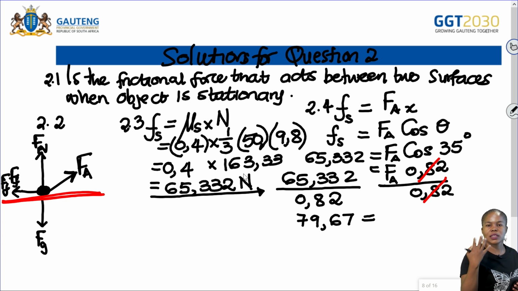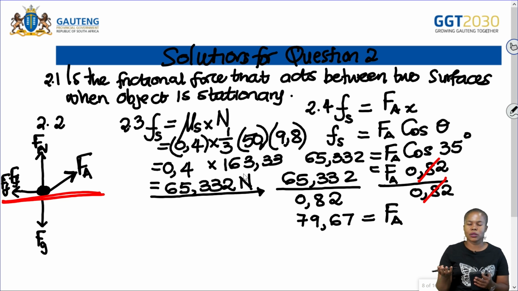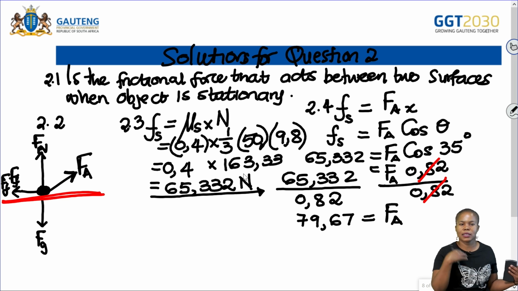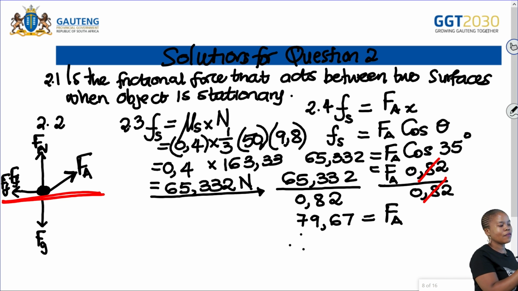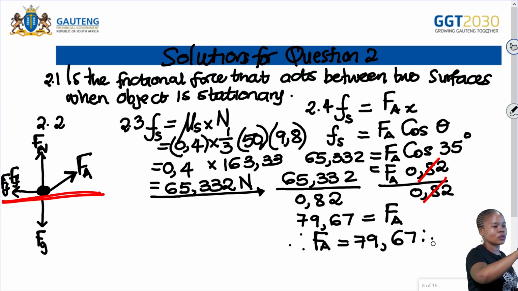Over here we're left with the force that we want, the minimum force that needs to be applied. Remember what I told you: you leave the letters on your left hand side and your values on the right hand side. So we say therefore Fa is equal to 79,67 newtons. This is our newtons, to be very clear.